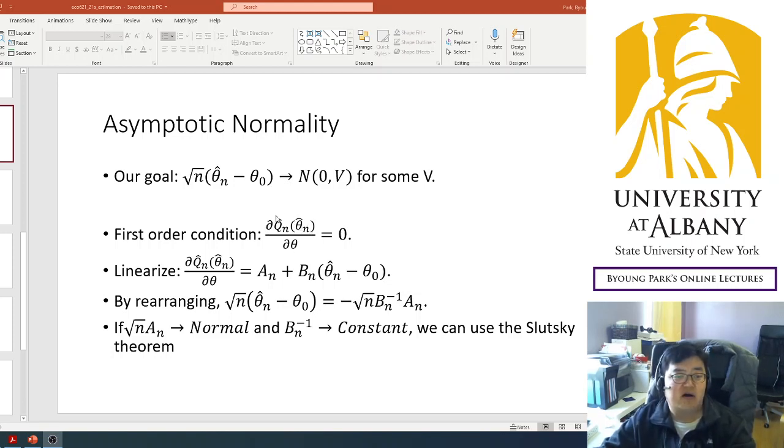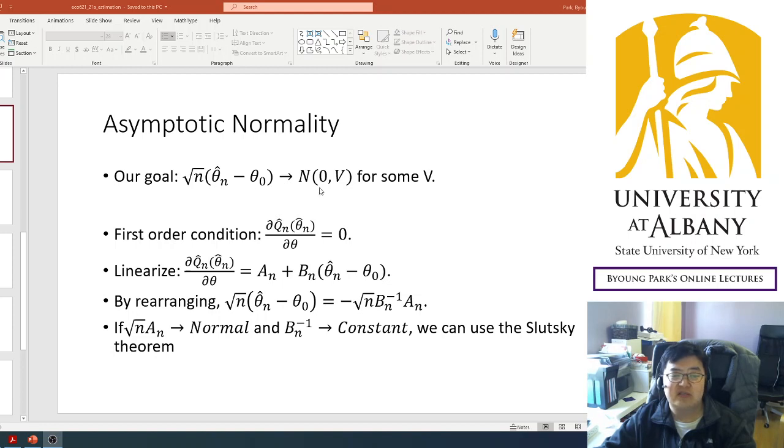And then from this equation, something equals zero, this part can be linearized, converted into a linear function of this. Using the Taylor expansion, multiplying by square root n, subtracting a and dividing by b, we obtain this result.